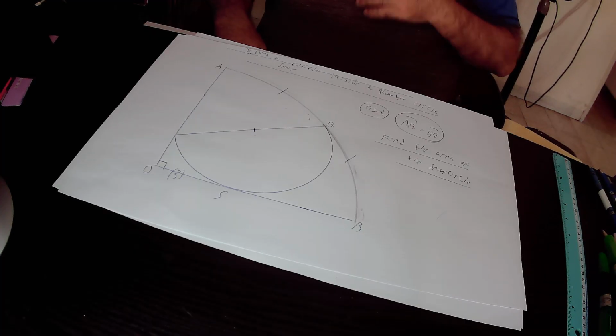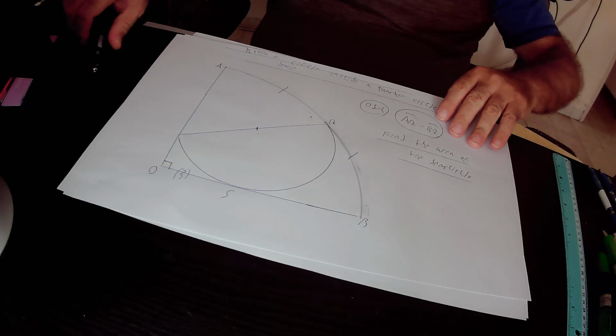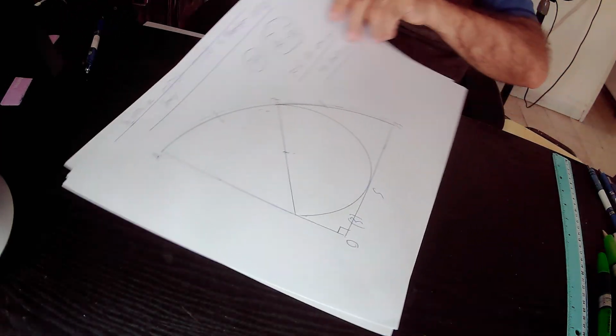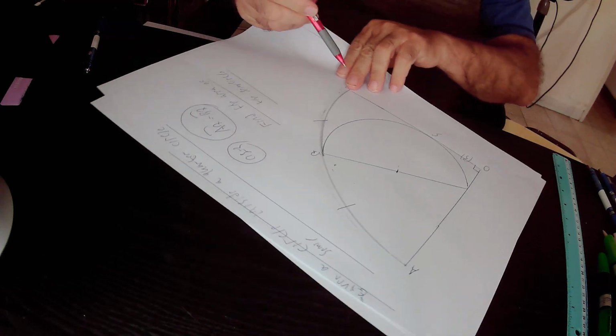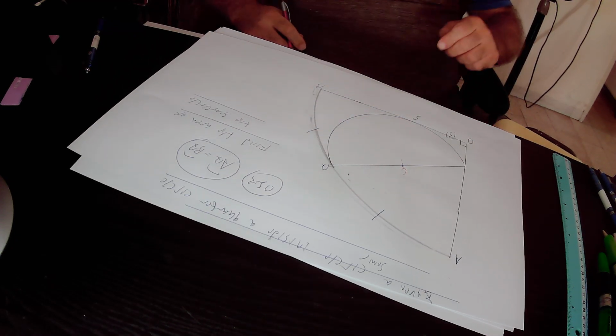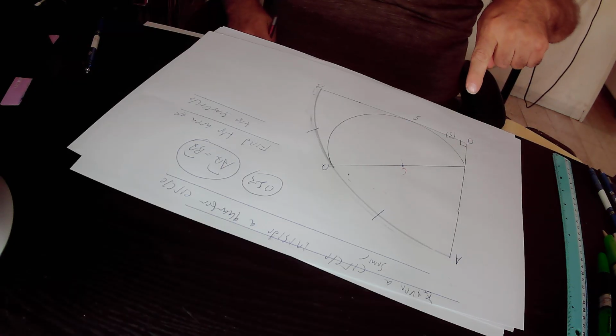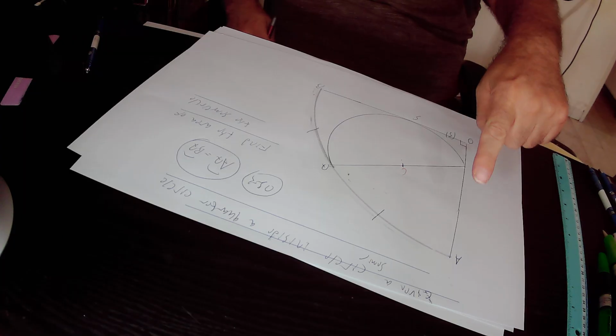So first of all, we define the center of this semicircle. This point is point C. So we define the touching point of the semicircle with this quarter circle.